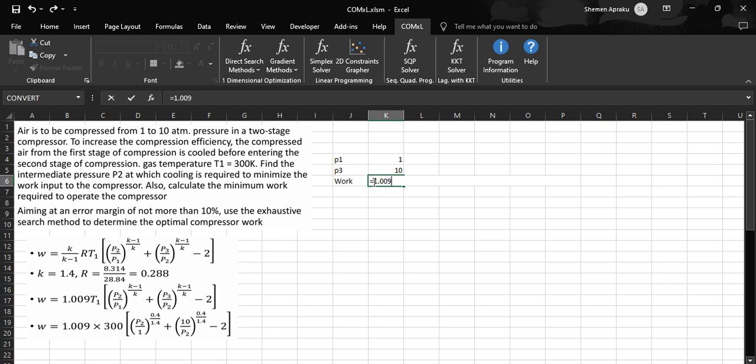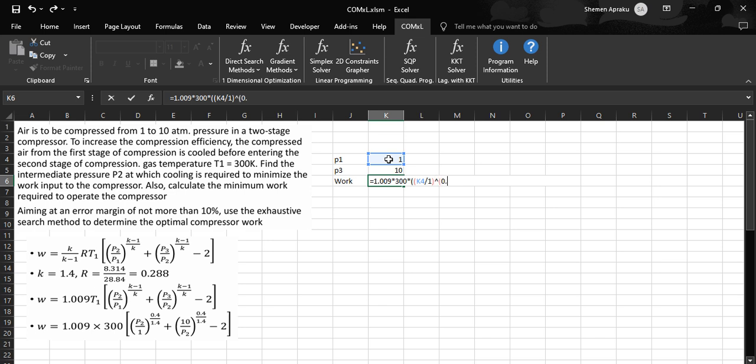So if you have to write the work function, we start by typing an equal to. So 1.009 times 300 times, we open the bracket, and we have P2. So we are referring to P as the lower bound.